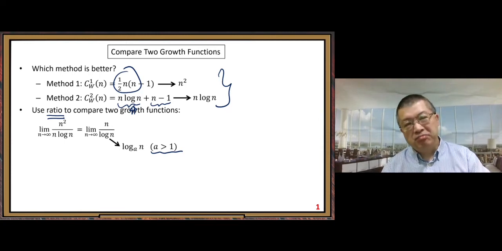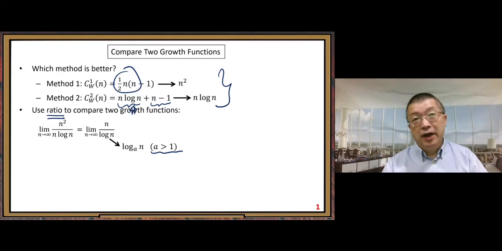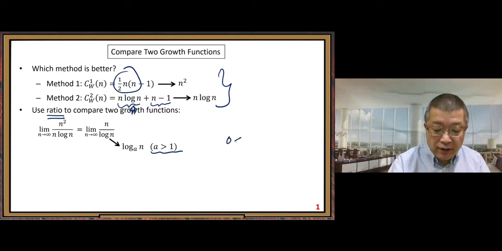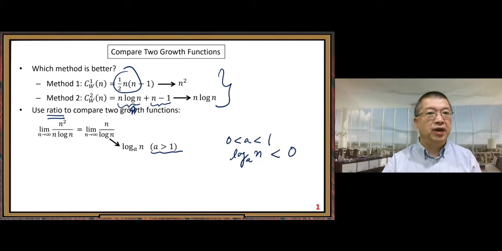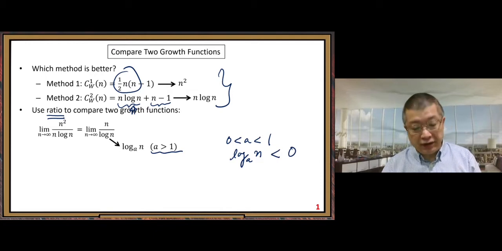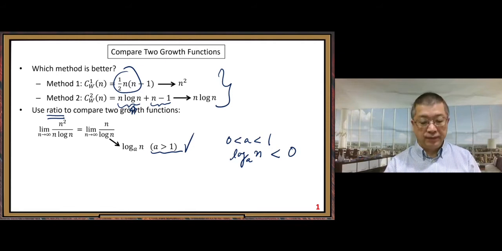In that case, log base a of n is a positive function. Otherwise, if a is between 0 and 1, then log base a of n is negative, less than 0. So we don't want to look at the negative function. That's why we assume a greater than 1. All right.